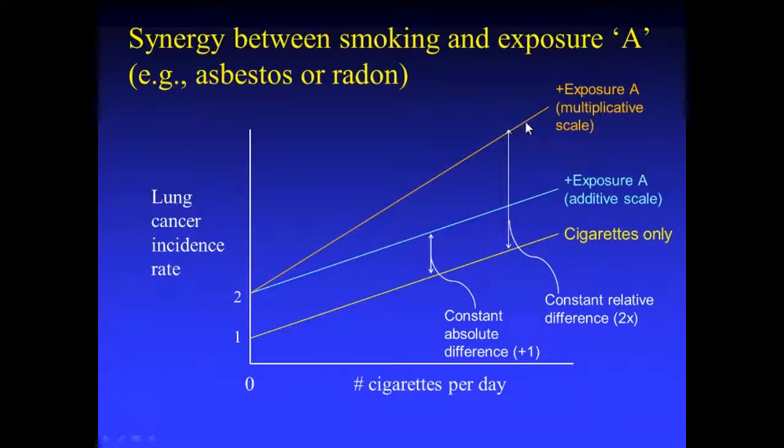So we continue to have, at any point on the scale, a relative risk of 2. It's always 2. So there's a constant relative difference, or 2 times, as opposed to a constant absolute difference under this scenario here. These are both alternative scenarios where A is acting multiplicatively with cigarette smoking, and in the other scenario, A is acting additively with cigarette smoking.